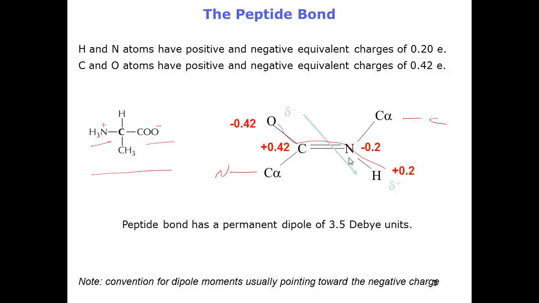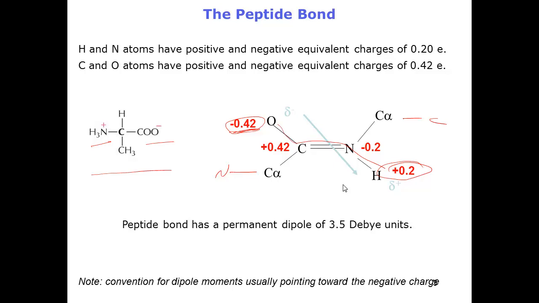If we look along these four atoms in the peptide bond, there's actually a fairly significant dipole moment where we have excess electron density at the oxygen end and relative electron deficiency at the proton. So that results in a dipole moment of about 3.5 debye, which is quite large.